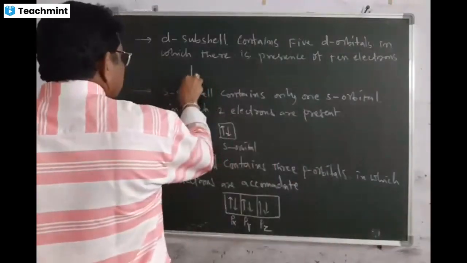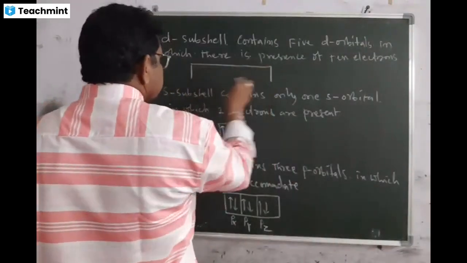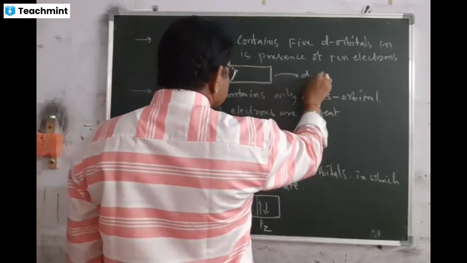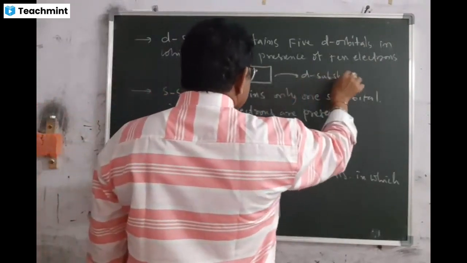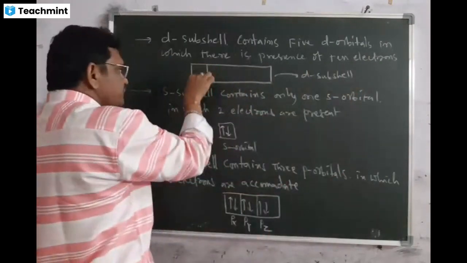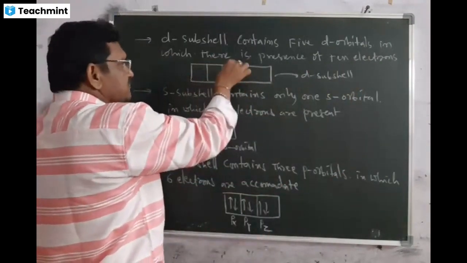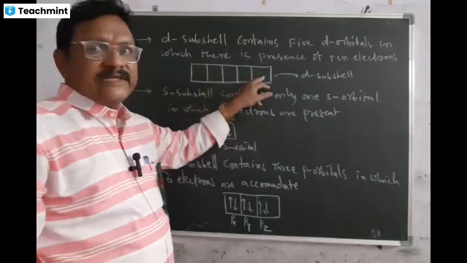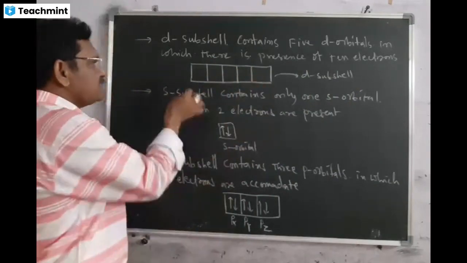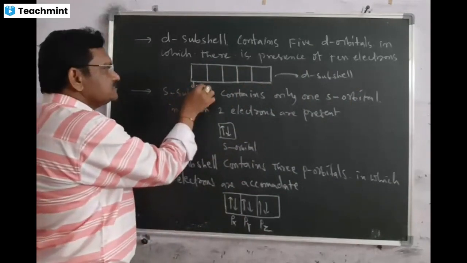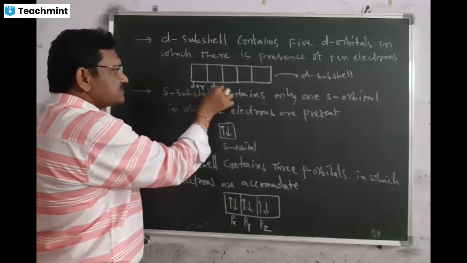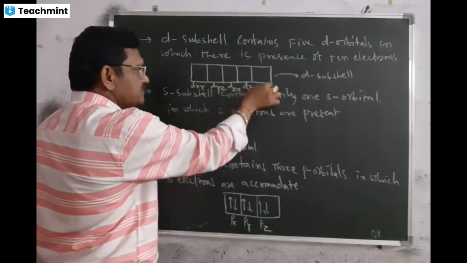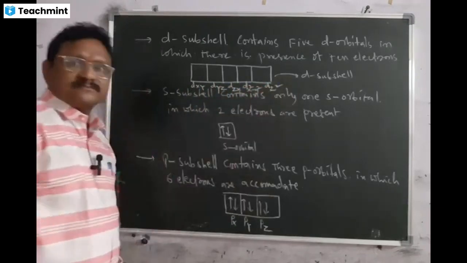Here I want to picturize the d orbitals. The entire box is the d subshell. The d subshell contains 5 orbitals, which are 5 boxes: 1, 2, 3, 4, 5. They are called dxy, dyz, dzx, dx square minus y square, and the last one is dz square.